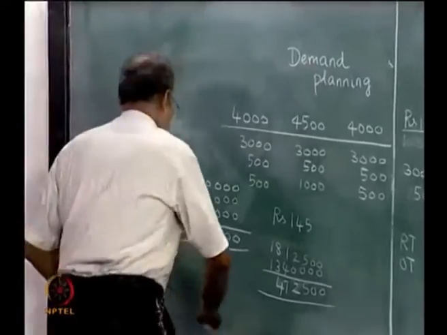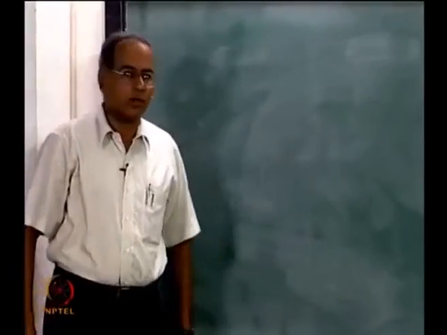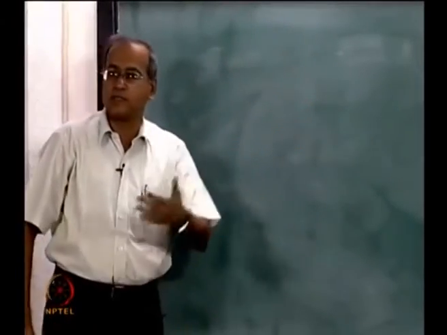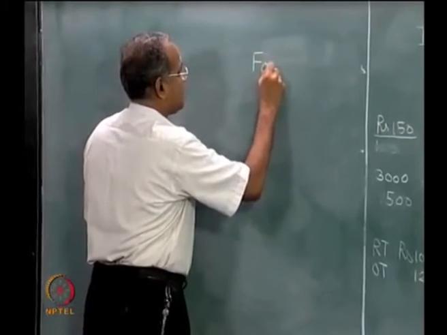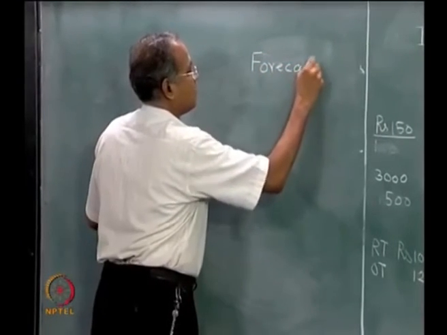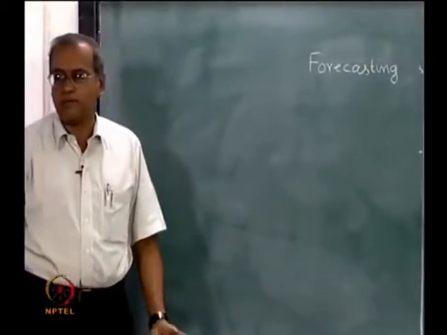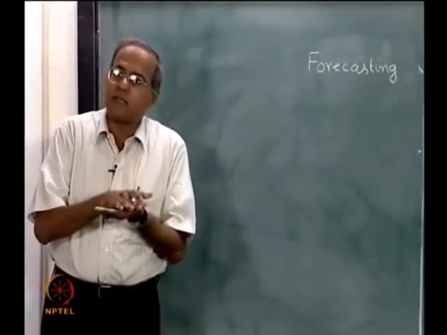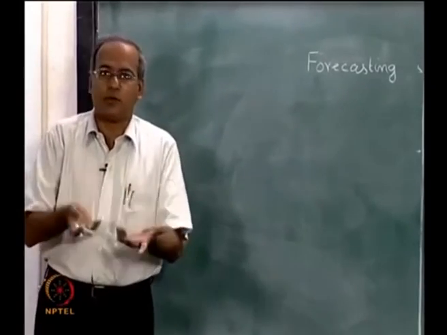So, if we go back to one of the earlier lectures where we looked at the various topics in production planning and control, we said we would start with forecasting, where we would look at forecast of the demand, where we answered the question how much is the demand that we have to produce and meet.